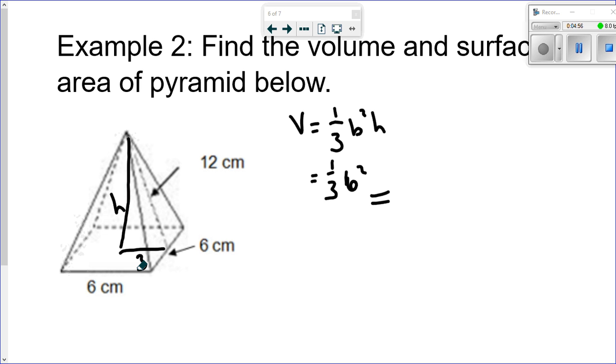But I can calculate it, especially if I remember to put my squared sign there.